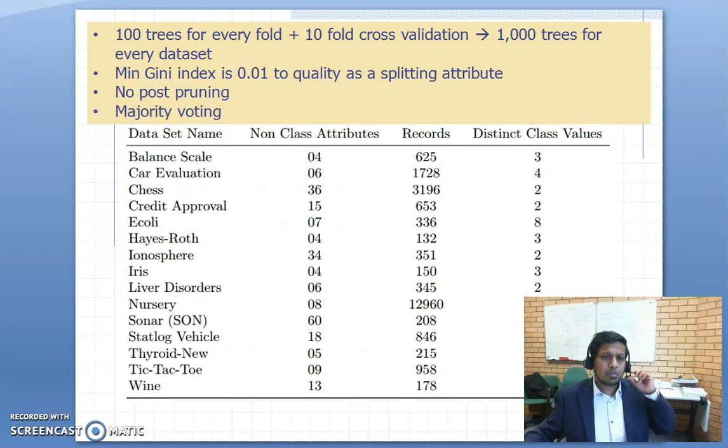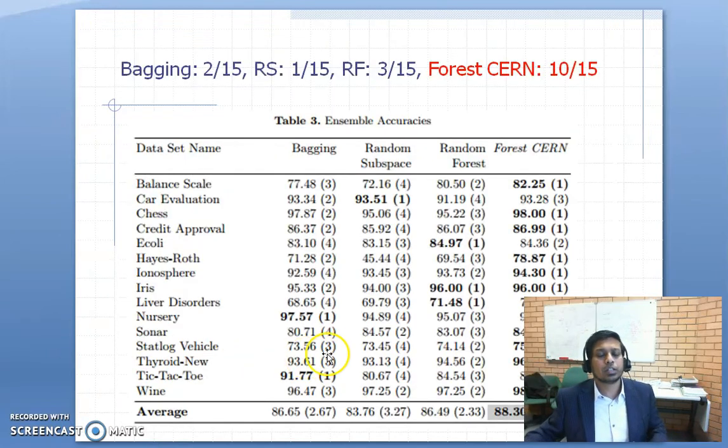We then ran many experiments on quite a few publicly available datasets, and we checked the ensemble accuracy of Forest CERN against many existing techniques: random forest, random subspace, bagging. These are the main well-known techniques in the literature, and we find that Forest CERN achieves very high accuracy.